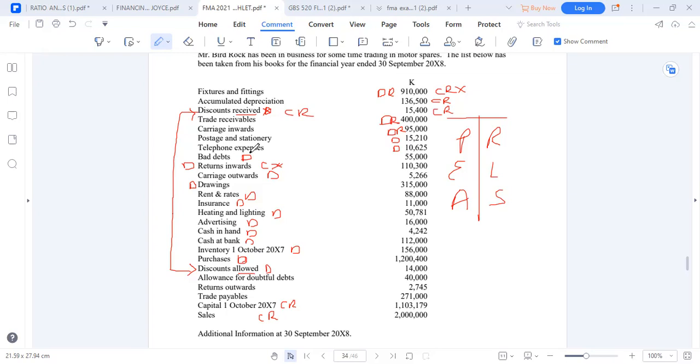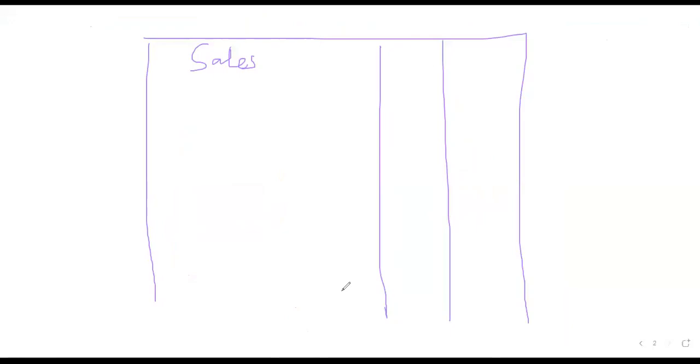Carriage outwards, if you're selling cement at 100 kwacha but bear the cost of transportation of 10 kwacha per bag, that's still an expense you incur. You charge it under sales and distribution. Is that clear? Clear.